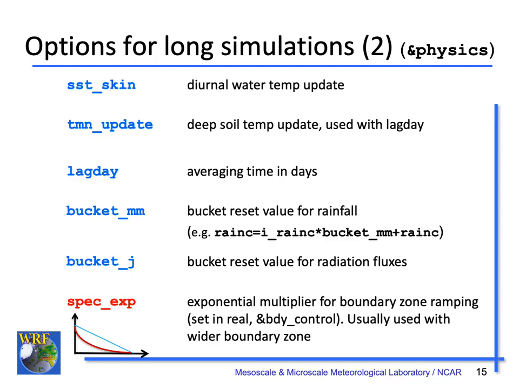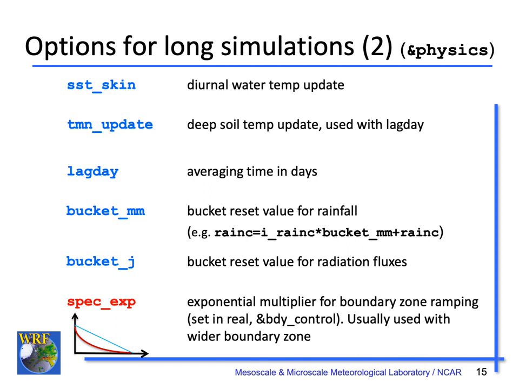Most of the options shown on this slide are covered in the physics talk. The one that may not be is the last one on the list, the spec_exp option. This is used together with the width of the lateral boundary zone, spec_bdy_width.